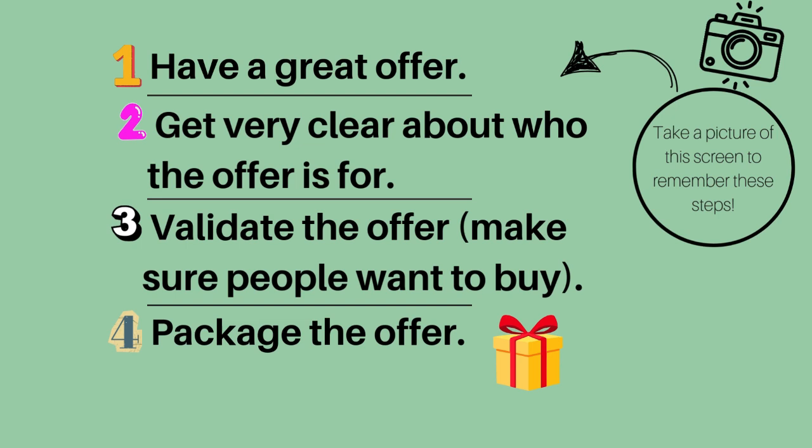And number four, you need to package the offer really nicely for people so that it looks very enticing and that they will want to take you up on your services. And then after you've completed those 4 steps, then you can get to step number 5, which is advertising, so that you can become fully booked. Let's start with step 1.